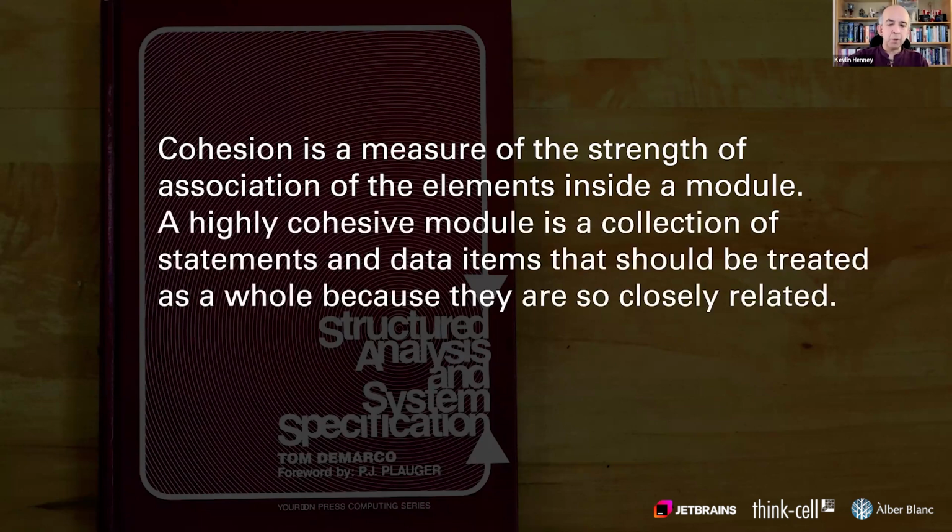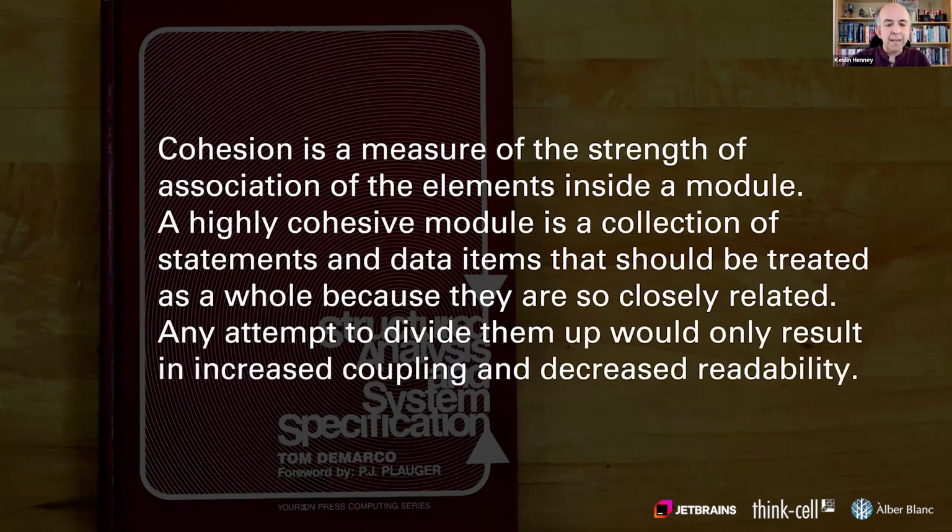A highly cohesive module is a collection of statements and data items that should be treated as a whole because they are so closely related. Any attempt to divide them up would only result in increased coupling and decreased readability. The idea is you're binding many things together. They naturally go together for a variety of reasons that we've already highlighted. But the idea of the single responsibility principle, many people misunderstand it to be cohesion, but it's not.